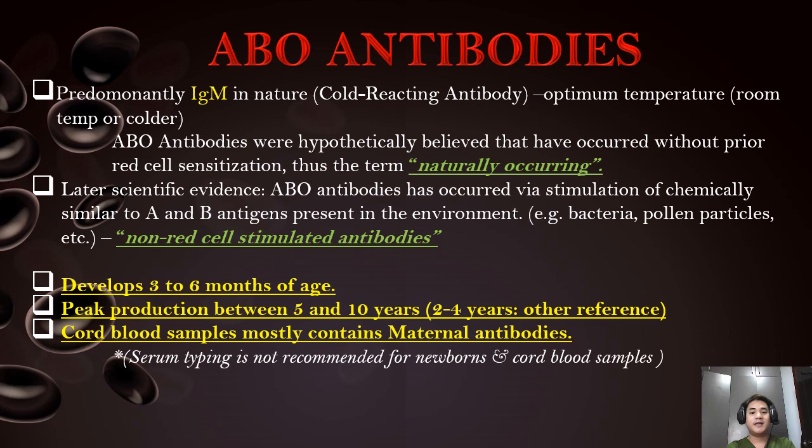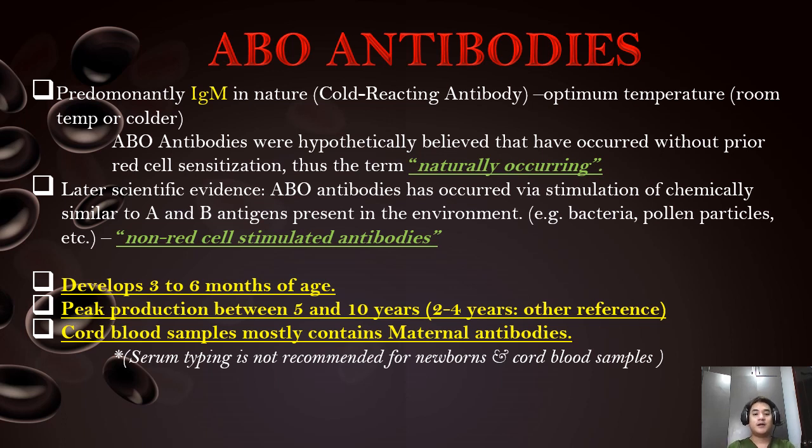This is exactly the reason why it generally takes 3 to 6 months for newborns to develop sufficient levels of these antibodies to be readily classified in ABO grouping. The peak production of ABO antibodies is between 5 and 10 years of age according to Dennis Harmening, but in some references between 2 to 4 years of age.